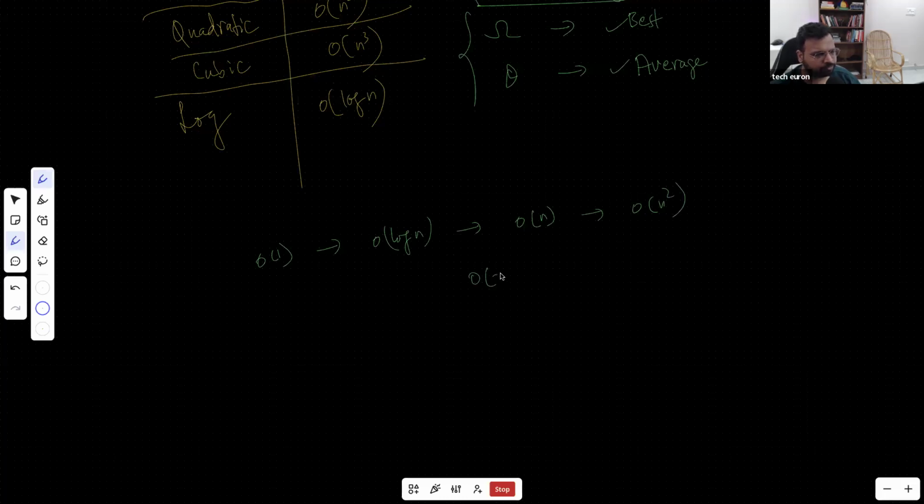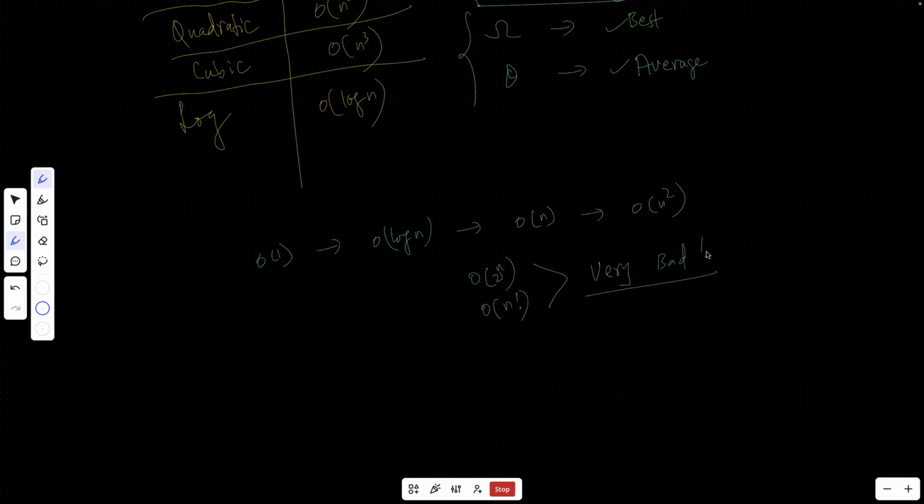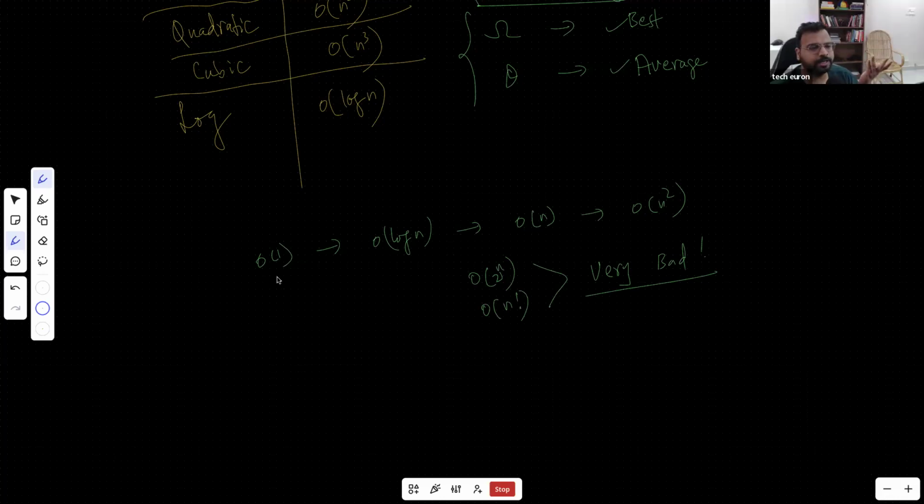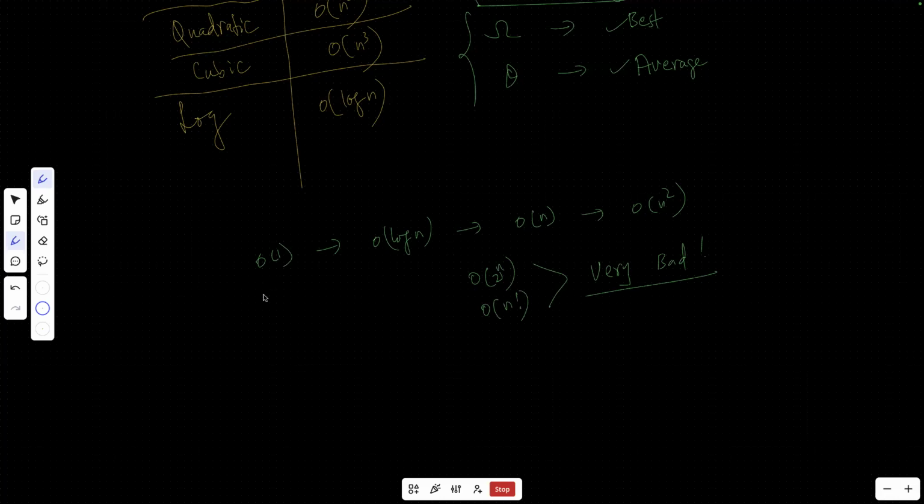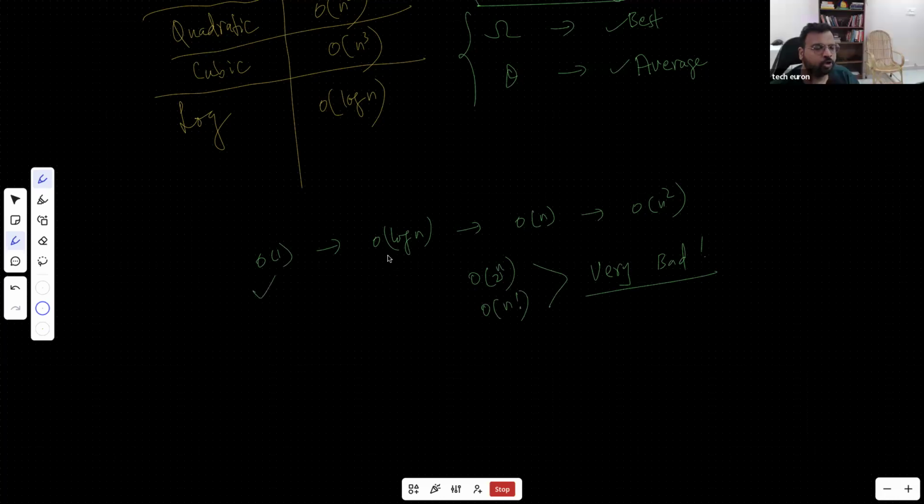Worst cases will be O of 2 to the n and O of n factorial. These are very bad. O of 1 is the best one; it means you are doing it in constant time. It cannot be improved more than O of 1. Then comes log n.